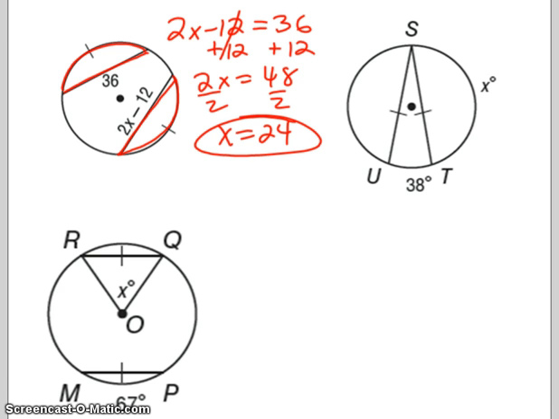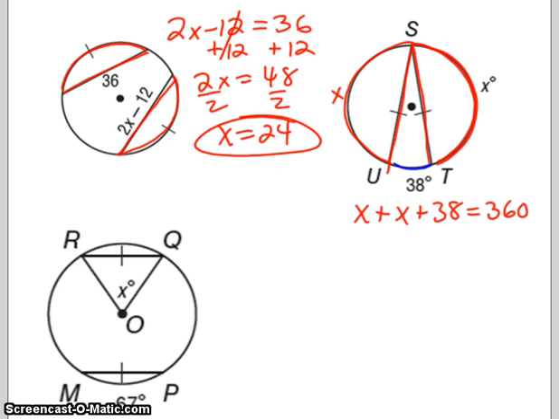Alright, next one. We know that the chords are congruent, so their arcs are congruent. So if this is x right here, then this is x. And since this arc right here is 38, well, what do you know? You know x plus x plus 38 equals how many degrees? 360.